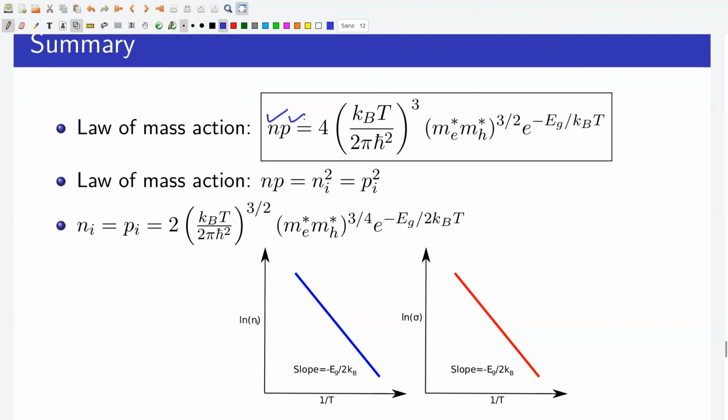In a semiconductor, n times p is always equal to the square of the intrinsic carrier concentration. This is the expression for intrinsic carrier concentration. Note that intrinsic concentration depends on T^(3/2) and it also has an exponential temperature dependence. The exponential part dominates and we get a straight line by plotting log of ni versus 1/T.